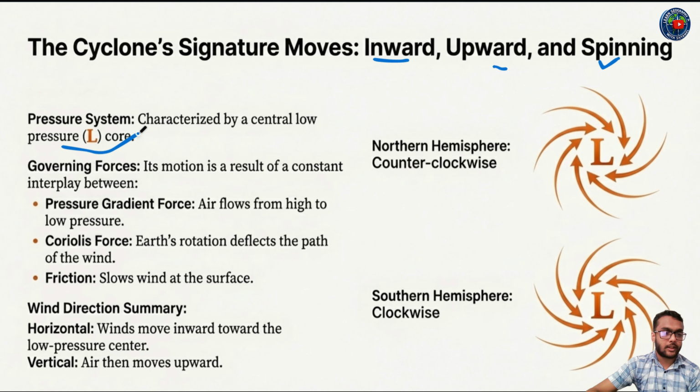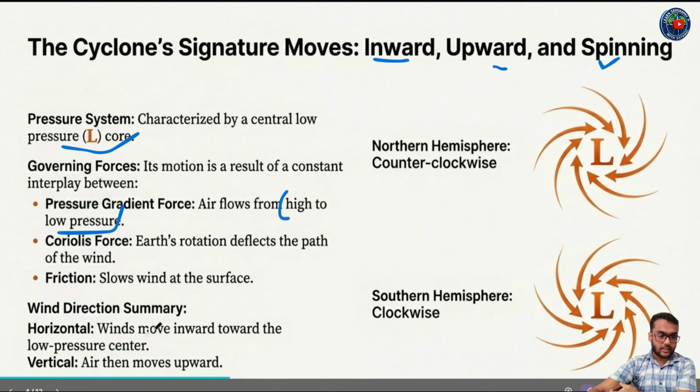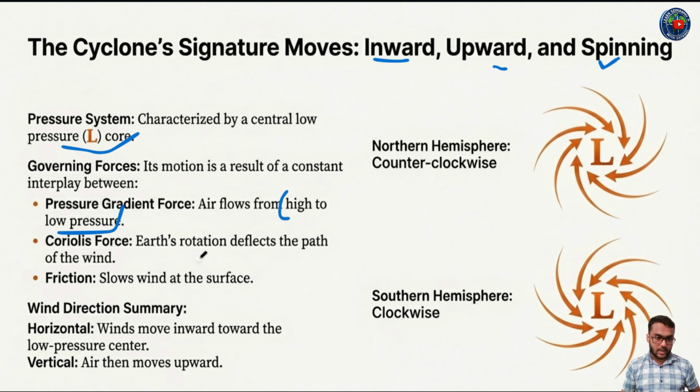The governing forces: pressure gradient force, air flows from high to low pressure; then Coriolis force, or Earth's rotation, deflects the path of the wind; and friction slows wind at the surface. Horizontally, winds move inward towards the low pressure center, and vertically the air then moves upward. A cyclone moves counterclockwise in the northern hemisphere, and clockwise in the southern hemisphere.